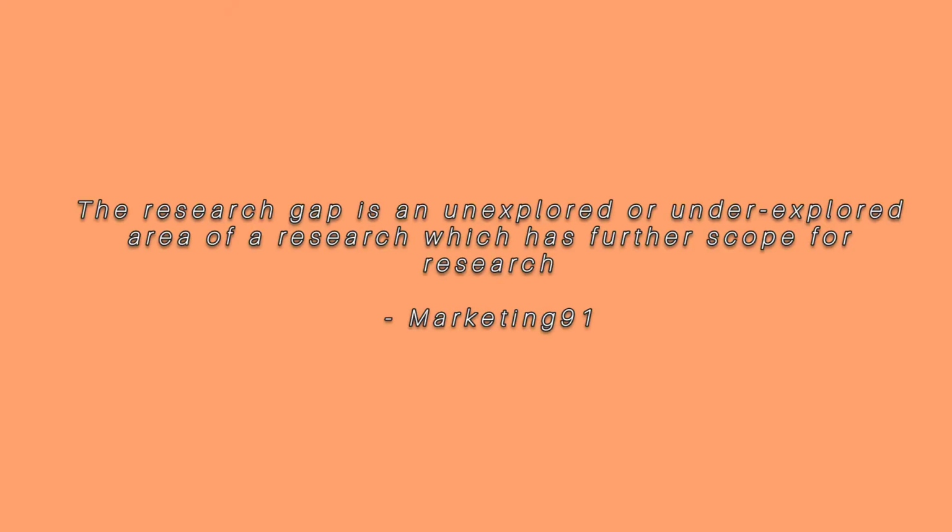I would like to give you a definition from Research 91 that says, the research gap is an unexplored or underexplored area of a research which has further scope for research. So, what we aim for in the problem gap is to identify what has not yet been researched.